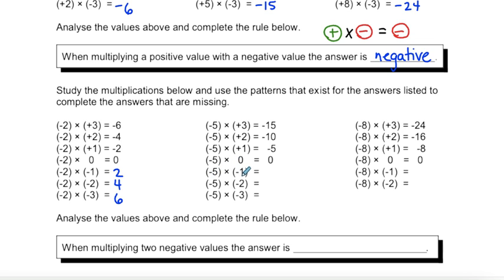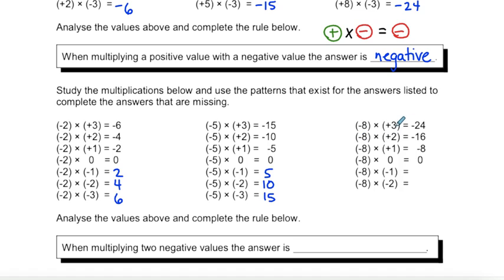Well, -5 times -1, if I enter those in my calculator, will give me +5. -5 times -2 will give me positive 10. And negative 5 times negative 3 gives me positive 15. Interesting. All right, so we might be able to say that two negative numbers multiplied together will give us a positive number. Let's just make sure that it stays true for this last set.